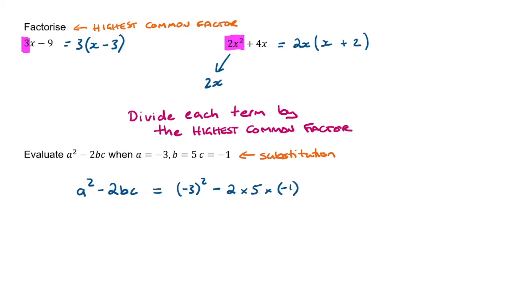Now I've popped in some brackets to show you a couple of little things. So that minus 1 has to be together as that minus sign belongs to that 1. But it's this bit in here that's really important. Alright, minus 3 squared is minus 3 times minus 3.